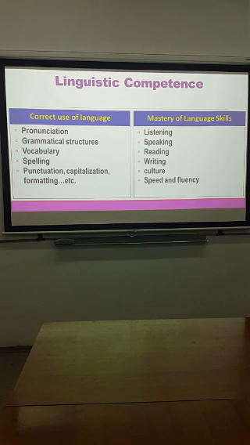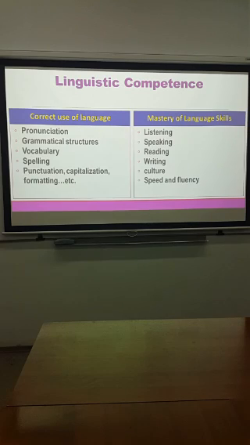and also have a good knowledge of English, Arabic, Japanese, Chinese vocabulary, and should be able to spell words correctly, and should know punctuation, capitalization, how to format a paper correctly.